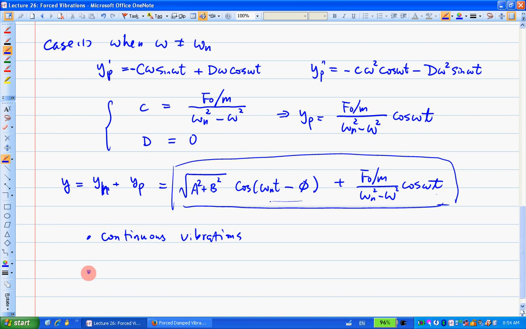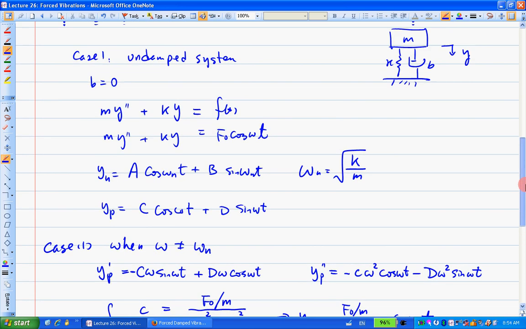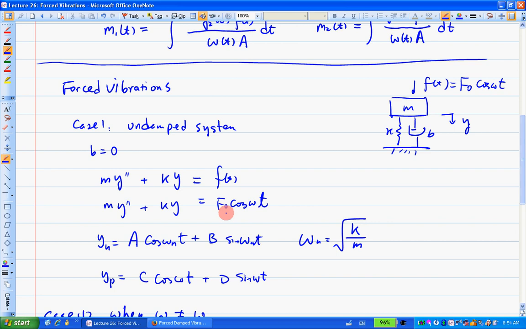And number two, let's think about the effect of the input parameters. What are the input parameters here? They are F0 and omega. Let's say now I'm going to increase the input amplitude of the sinusoidal signal, so you increase this F0.